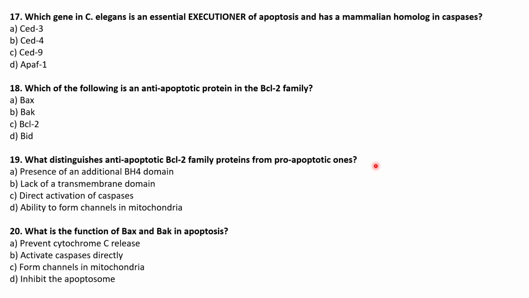So that's right. The option is C. It forms channels in the mitochondria. This allows cytochrome C leakage from the mitochondria, leading to the intrinsic pathway of apoptosis. So BAX and BAK are both pro-apoptotic BCL2 family members. I hope this is now clear and you've committed this idea to memory because it's very useful information for understanding the process of apoptosis.